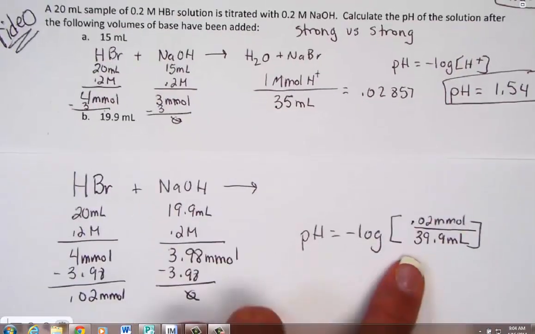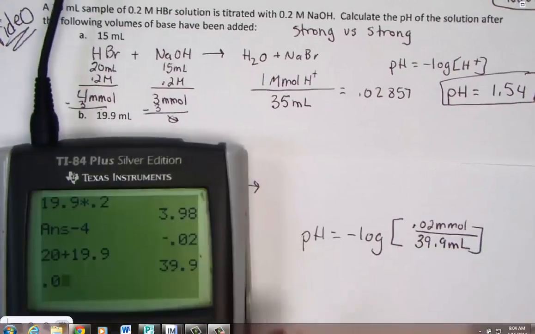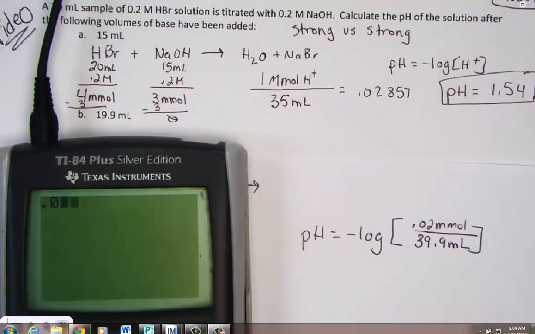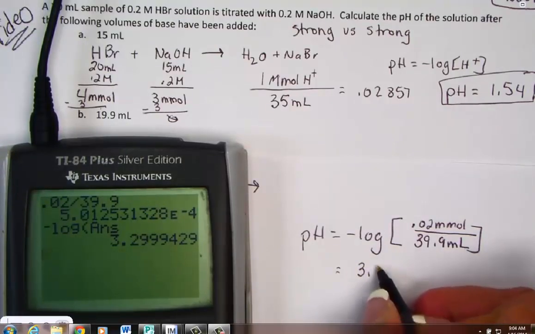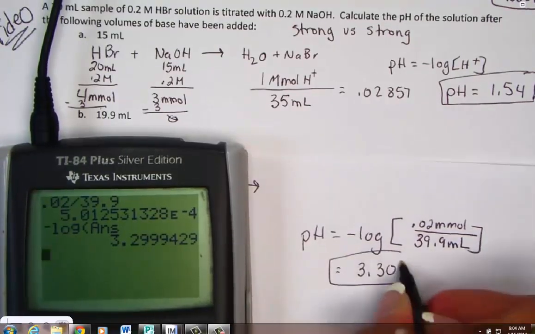So if we consider 0.02 divided by 39.9, negative log that answer, and we have a pH of 3.299, so 3.30.